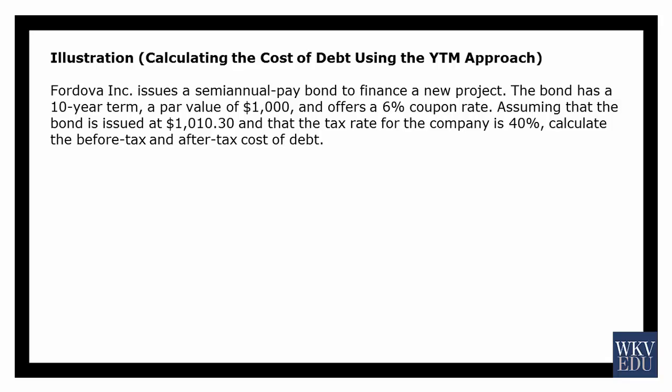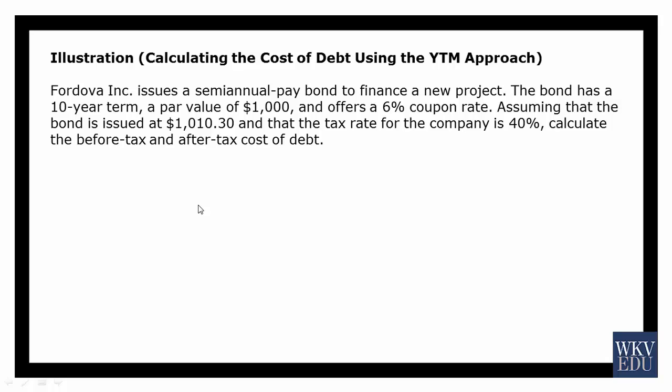Because of this present value, we need to calculate the cost of debt, because until and unless you know what the rate of return is, how will you evaluate a bond? That is the first issue. Second, you can see that the bond is trading at a premium. A premium means that the bond is trading at a price that is higher than the par value.